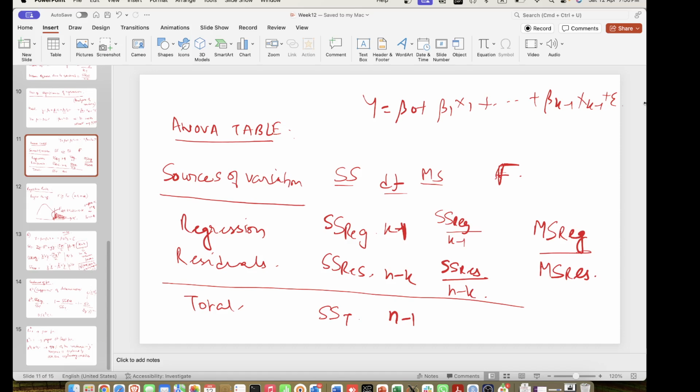The number of unknown parameters is beta naught to beta k minus 1, that is k, and the number of explanatory variables is x1 to xk minus 1, that is k minus 1.